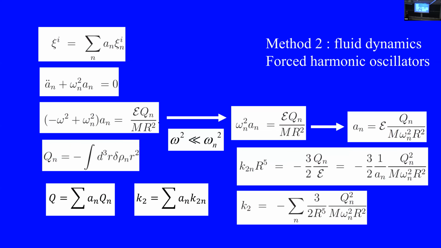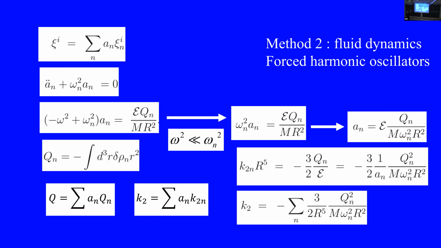And another way, which is closely related to what I was showing, is, as I said, describing the oscillations of the fluid or the object, the internal oscillation, in terms of a bunch of Lagrangian deviations, and they satisfy simple forced harmonic oscillator equations, which I teach in my physics 1 course, so I should know.